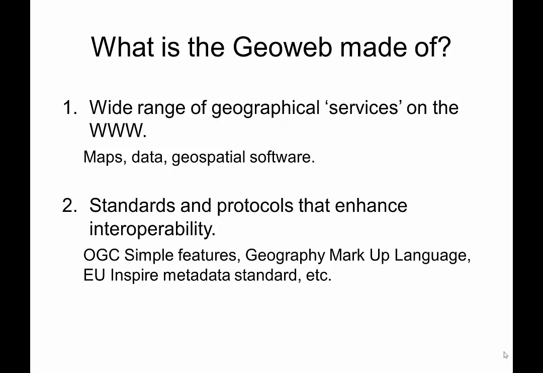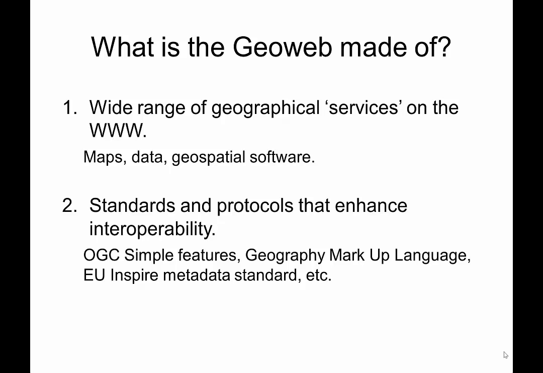So for example, geocoding. You've got a set of addresses and you want coordinates for them. So you might log on to a geocoding service, upload your addresses, and they get geocoded. Google does this for you for free, returning some coordinates for those addresses. So that's your geospatial software service. So map services, data services, and software application services on the web.